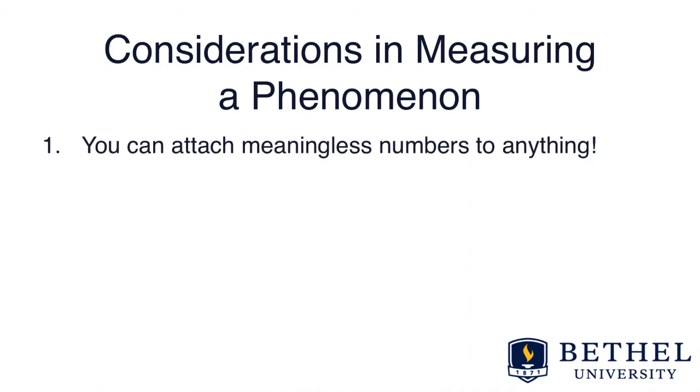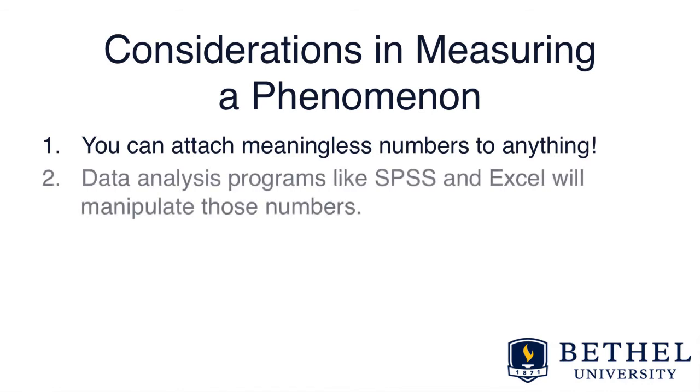First is that you have to recognize that you can attach meaningless numbers to anything. I can say female is 2 and male is 1. And that works just fine if I'm only using 1 and 2 to label something. It means nothing if I'm saying that 2 is twice as good, or twice as wonderful, or twice as amazing as 1.